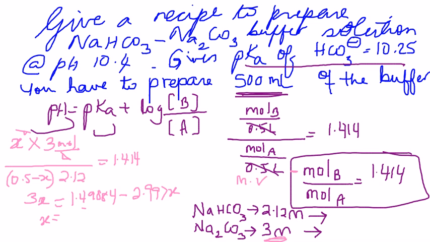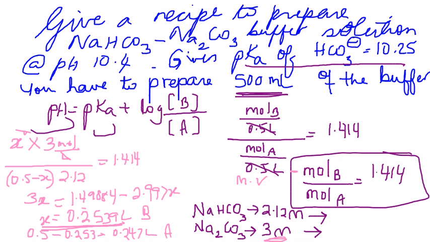So x is coming out to be 0.2539 liters, or 0.25 liters. And when you subtract that from the 500 milliliters, you're going to get the amount of acid that you must measure out to get the correct number of milliliters for the acid component.